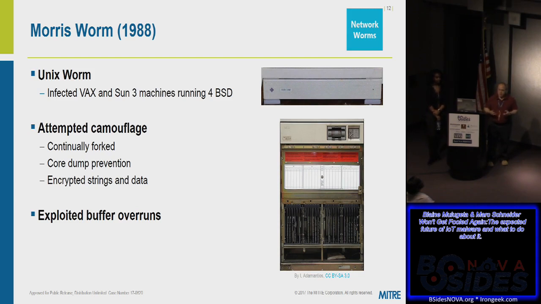So if you'd run the Unix strings command against it, it wouldn't find any human-readable strings because this was all encrypted. Again, this piece of malware exploited buffer overruns in a variety of different codes. And we'll see that buffer overruns are another one of these techniques that are very, very common with malware.